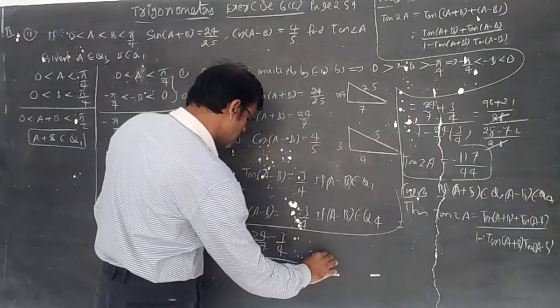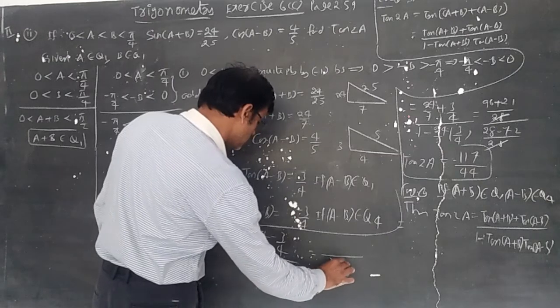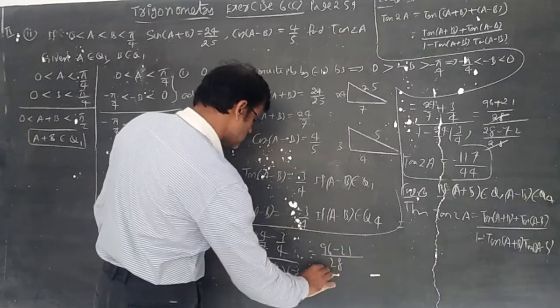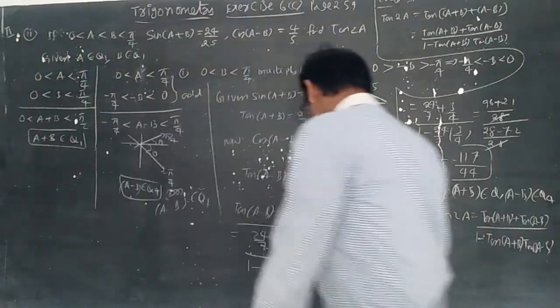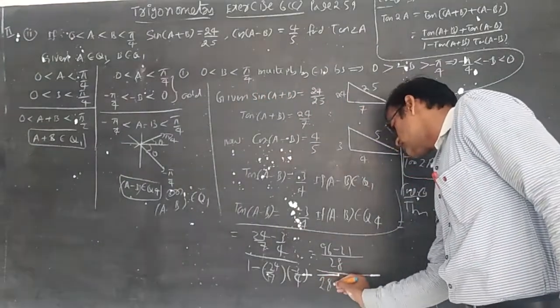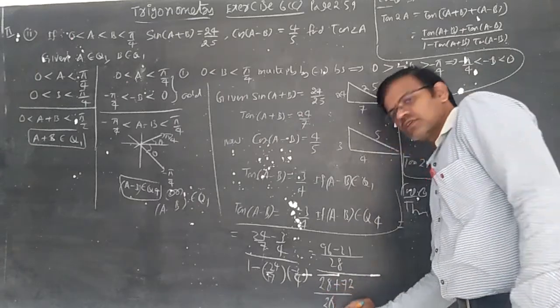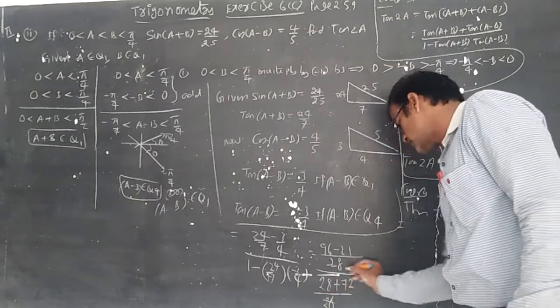That is equal to, taking LCM, 7 4s are 28. This is 4 24s are 96 minus this is 21 whole by 7 4s are 28 plus 24 3s are 72 whole by 28. 28 and 28 will get cancelled.